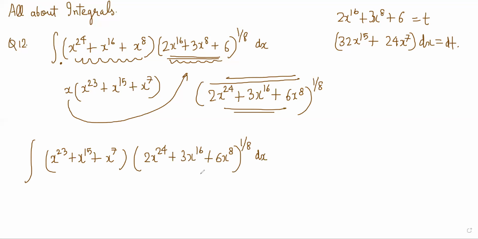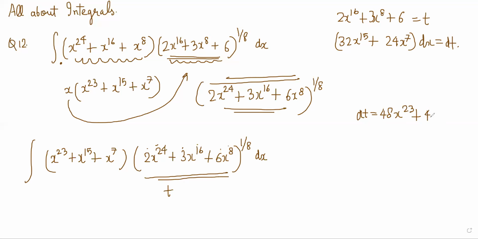Now what is nice about this is that when you take this as t and differentiate it, dt will become 48x power 23 plus, notice that 3 into 16 is also 48 and 6 into 8 is also 48. 2 into 24 was also 48.